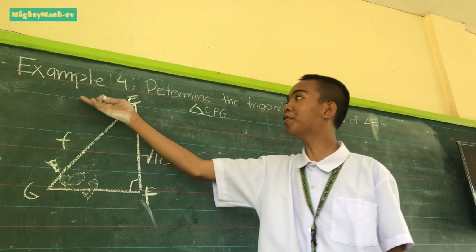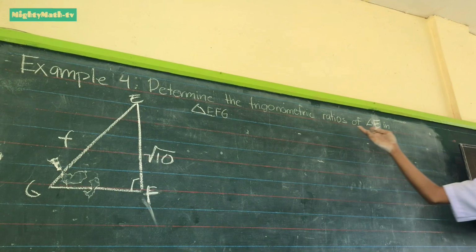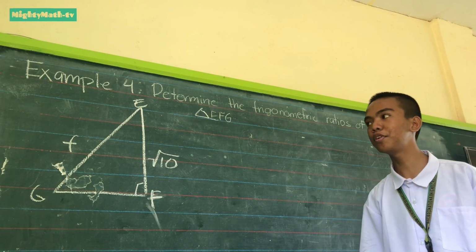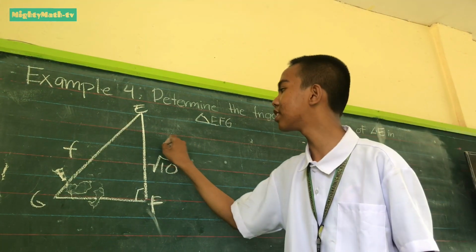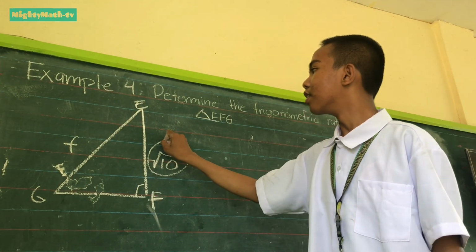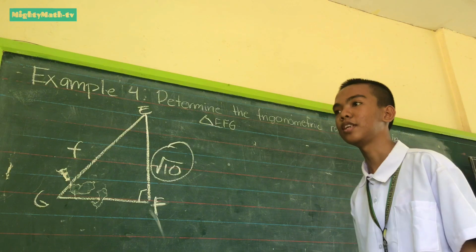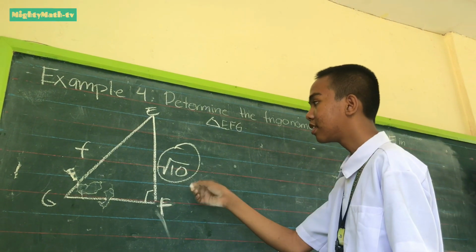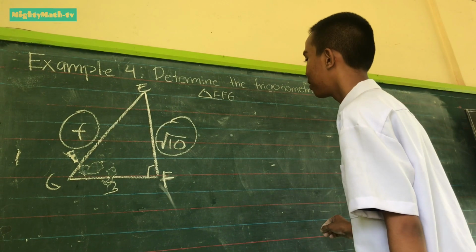And for example number 4, determine the trigonometric ratios of angle E in the triangle EFG. It's the same as example number 3. But what if one side had a radical sign on it? It's the same as before. Let's use the Pythagorean theorem to answer this again.